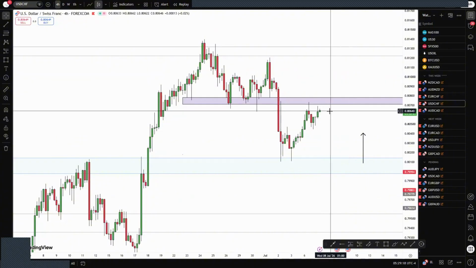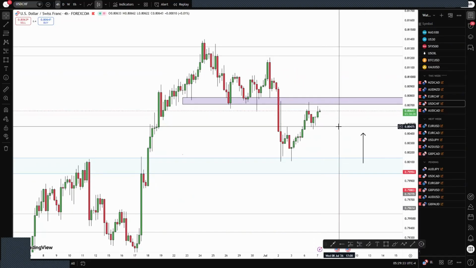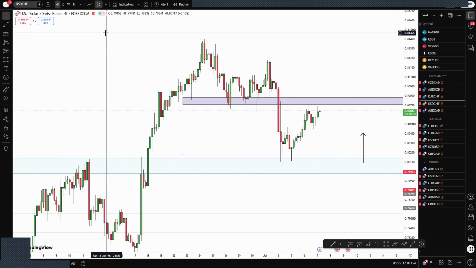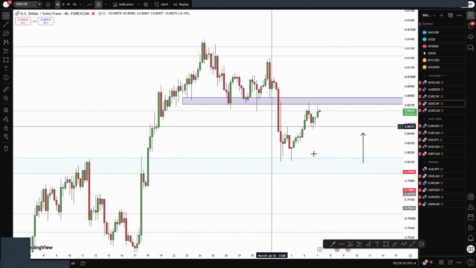But it hasn't broken above the high, okay? So we are still hopeful. Price can shift anytime. So we'll see how the 4 hour will close.